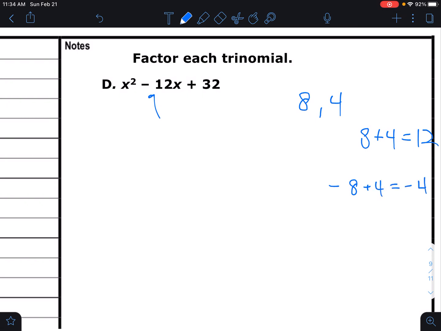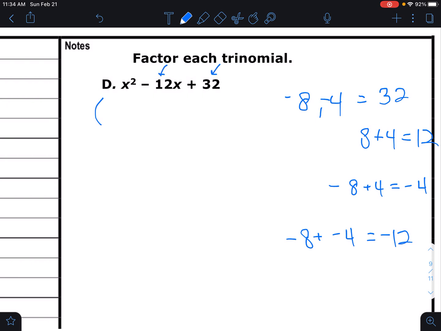So remember, a negative times a negative gives me a positive when I multiply, and negative 8 plus negative 4 is negative 12. So I want to use that pair. How do I know both are going to have to be negative? The middle term is negative and the last term is positive.